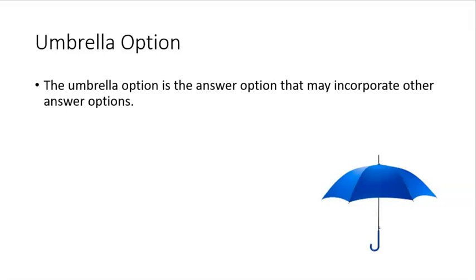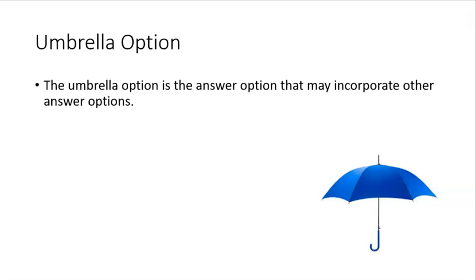Look for umbrella options. The umbrella option is an answer option that can incorporate some of the other answer options. An example of a correct umbrella option would be: call the nursing supervisor to activate an agency disaster plan.